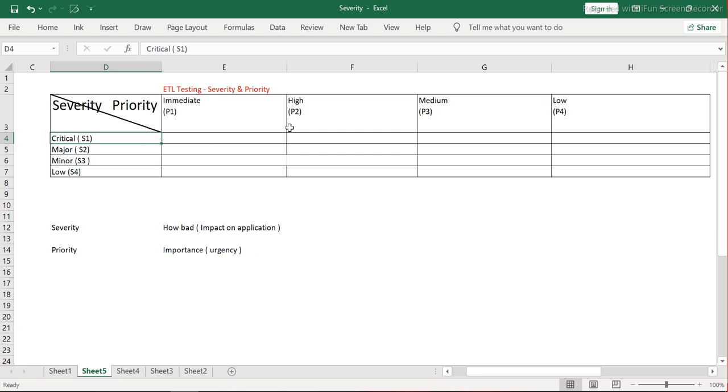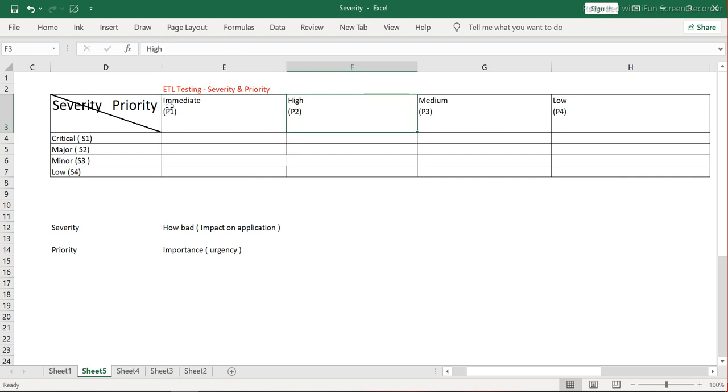So guys, it's not like everywhere they will call it critical. Some places might call it a blocker also. Roughly, critical is also a blocker. So some companies will refer to that particular state as a blocker, not critical, right? And instead of immediate, they might say urgent or critical, whatever, right? But you understand the concept, guys.